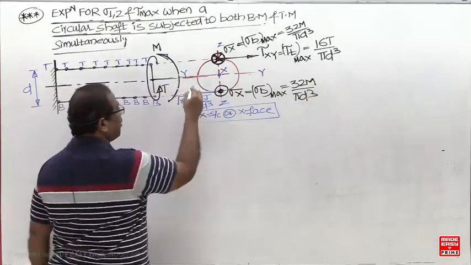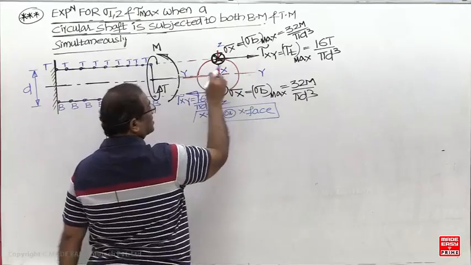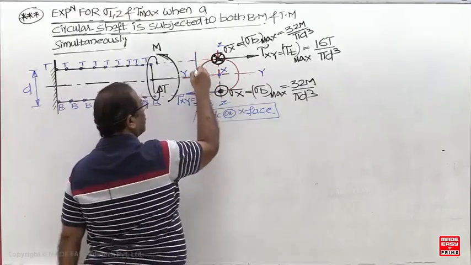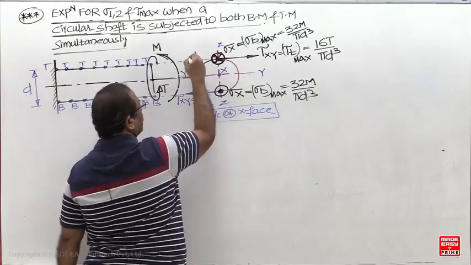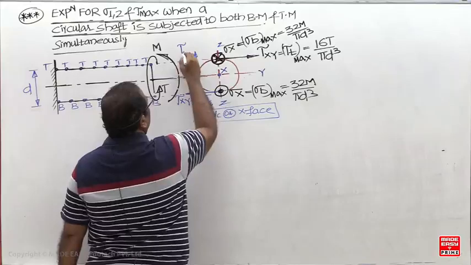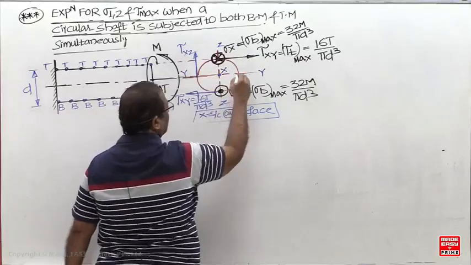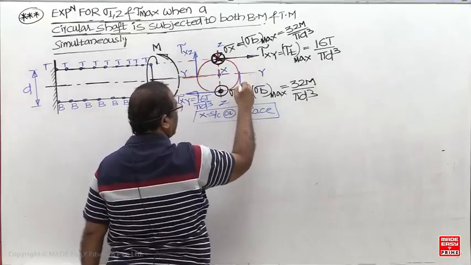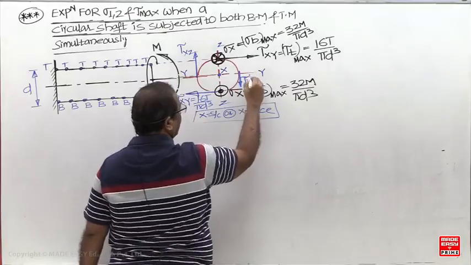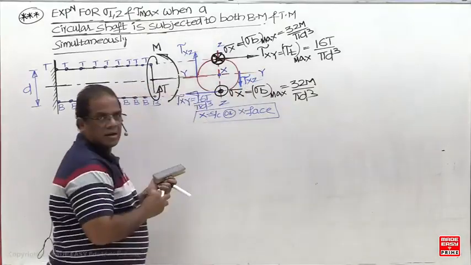But if you take these points, there is no bending stress, only torsional shear stress, only tau xz.